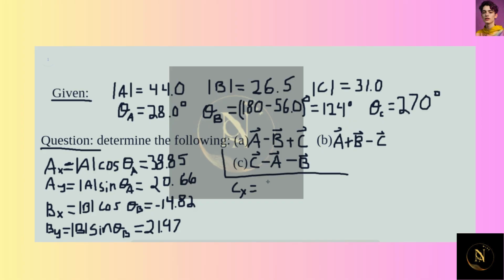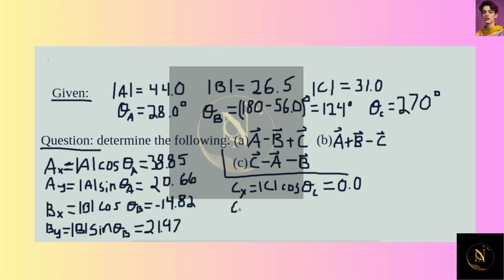So C of x is going to be the magnitude of C multiplied by the cosine of theta C. But theta C is 270. There's no x component of C, right? It's in the negative y direction. So intuitively, we know it's going to be 0, and the cosine of 270 is 0. So intuitively and mathematically, it's 0.